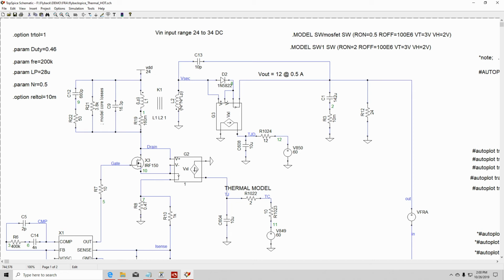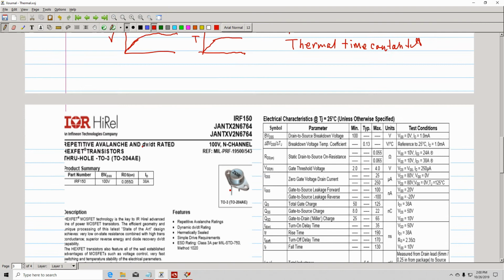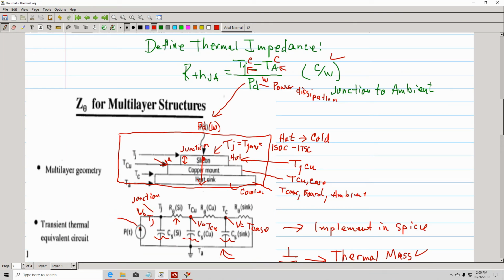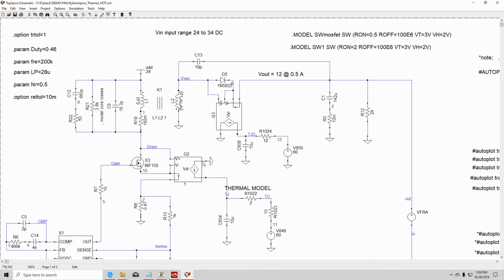So let's say you have 1 amp and you put a 1 ohm resistor: 1 amp times 1 ohm gives you 1 volt. 1 volt means 1 watt. So this is a current. Basically this section here is the current source.